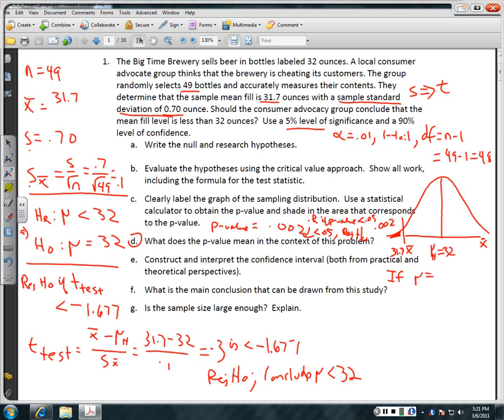If mu is equal to 32, if the population mean is equal to 32, then there is a 0.002 or very small chance of observing a sample mean less than or equal to 31.7. By the way, we did get one of 31.7. Therefore, we're pretty sure that mu's not 32 because there's almost no chance that we would get this if the population mean were 32.